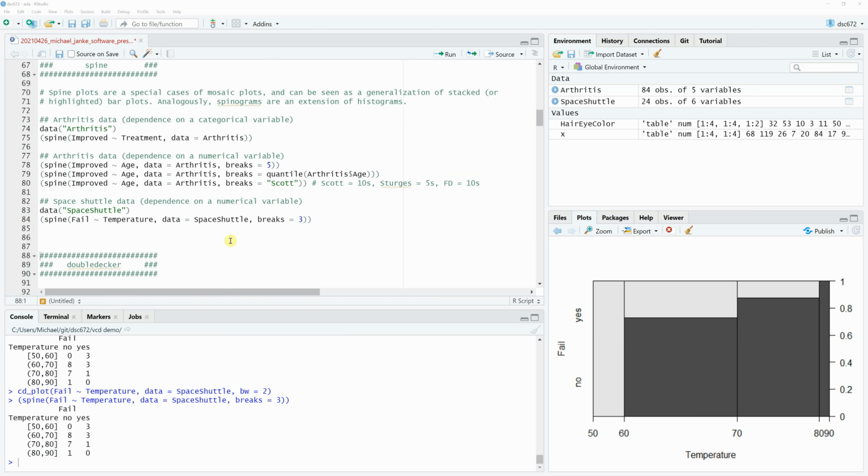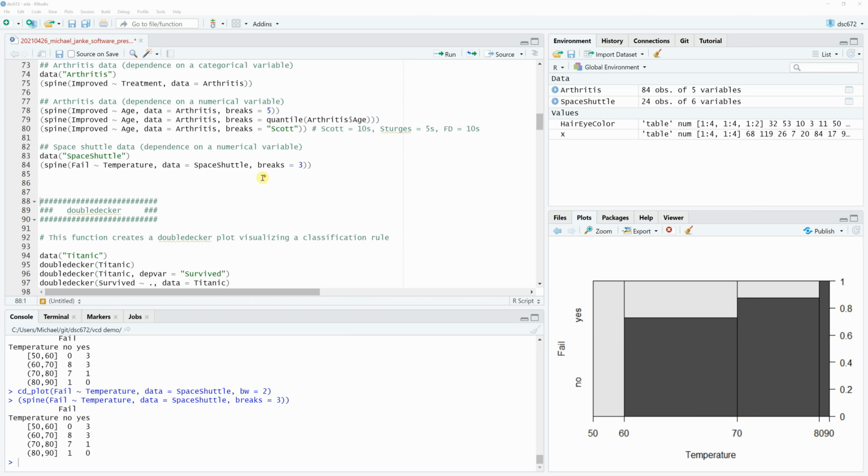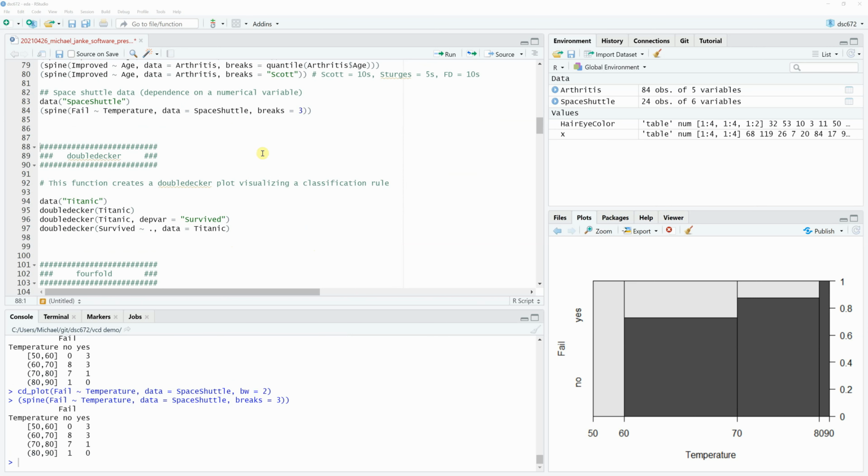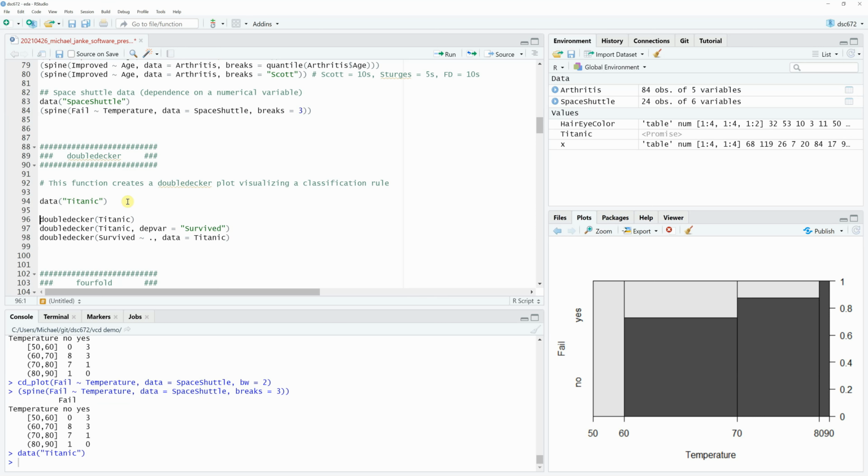Moving back to purely categorical, one of the simpler ones in here is the double-decker plot. The double-decker plot visualizes several categories across more than 2 variables. We use the Titanic data set here to demonstrate. Let's take a look at what's in there.